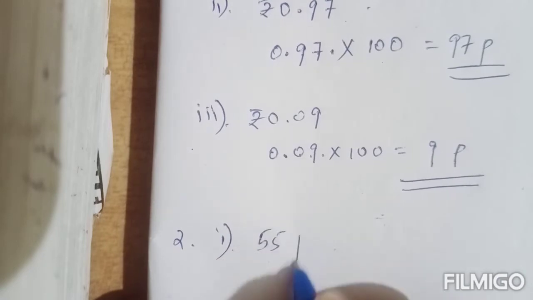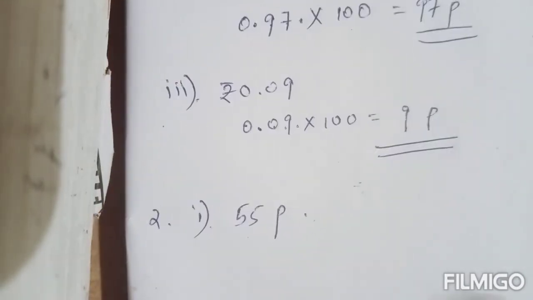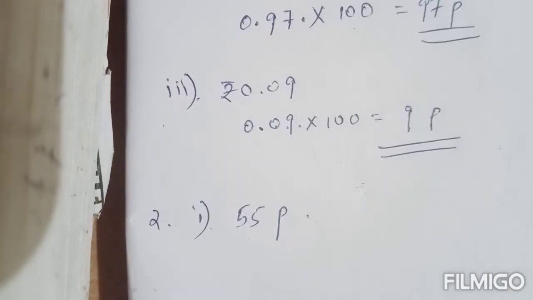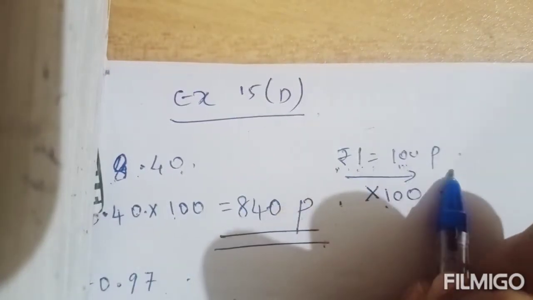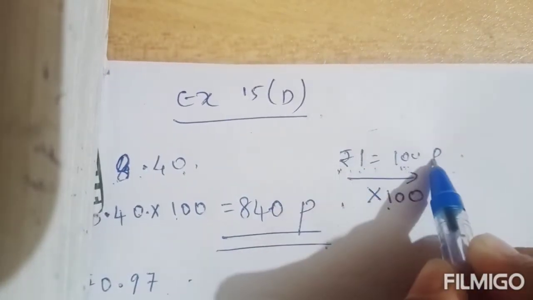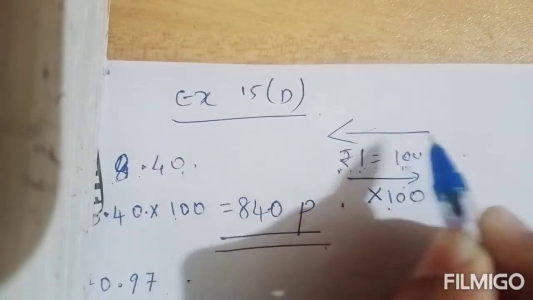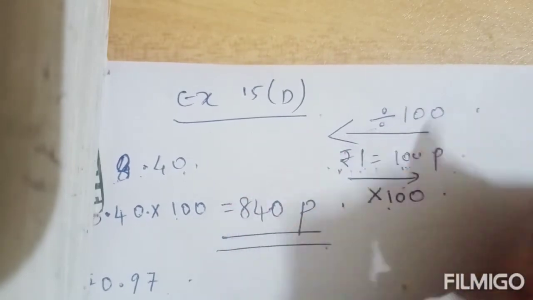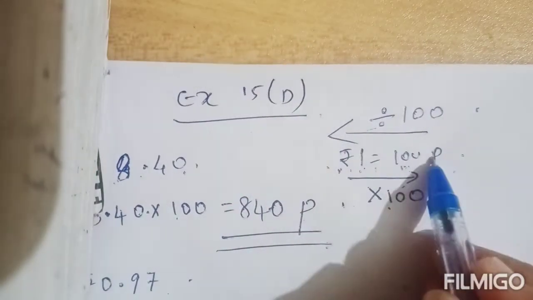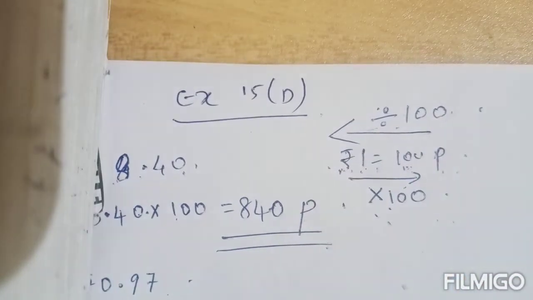First one, 55 paise. So in order to express paise in rupees, just divide the given paise by 100. Okay, 1 rupee it is 100 paise. So in order to convert rupees to paise, multiply by 100. In order to convert paise to rupees, just divide by 100. Okay, paise to rupees, division by 100, rupees to paise, multiplication by 100.